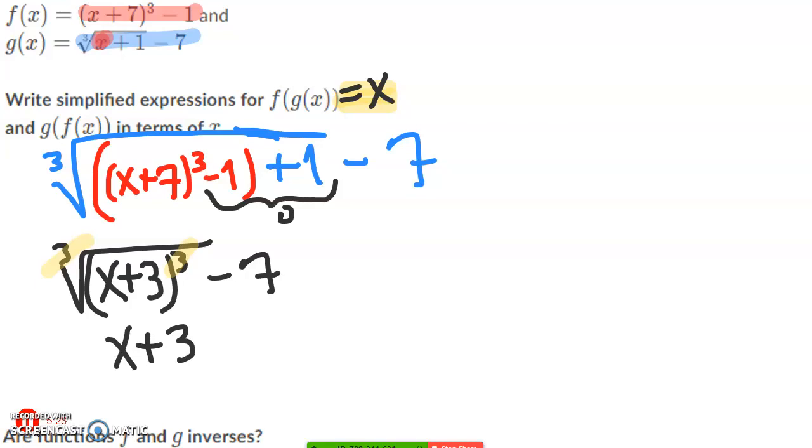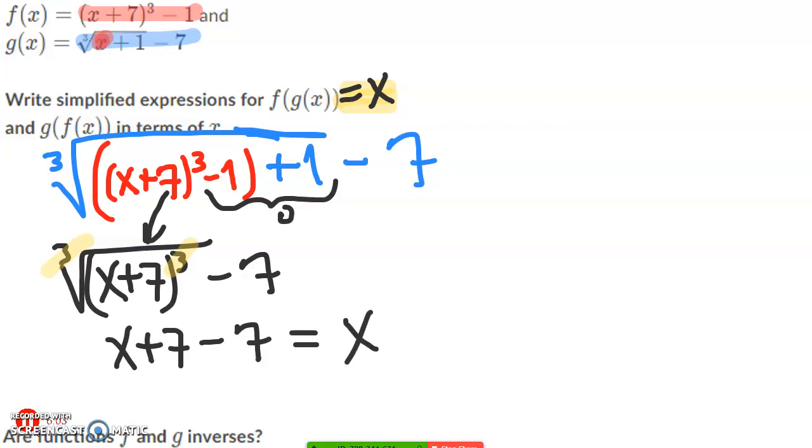I'm not going to re-record this whole thing over again, but you guys are probably yelling at the screen right now, right? Because that's not a 3. That's a 7. And if we were in person, you'd have already caught me. Sorry about that. I just miscopied that 7 as a 3. Okay, so that's x plus 7 minus 7, which is x.